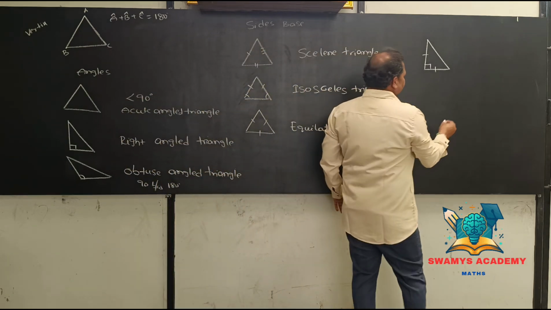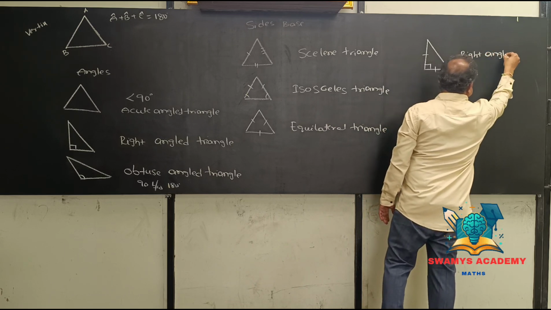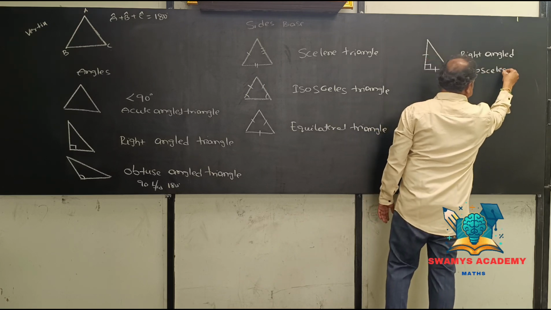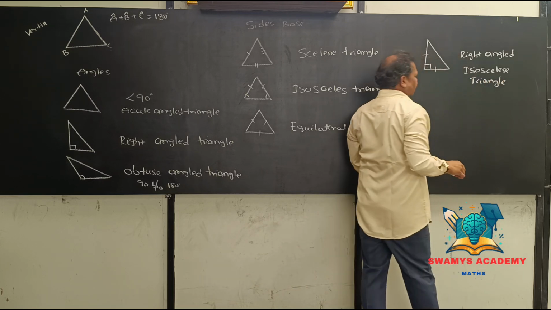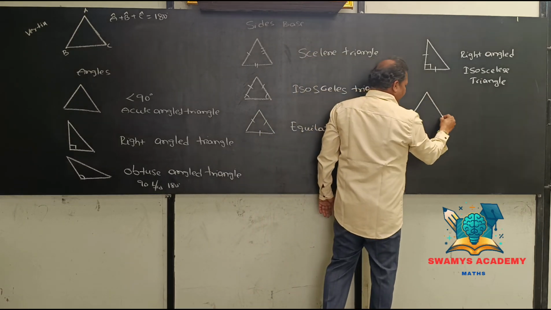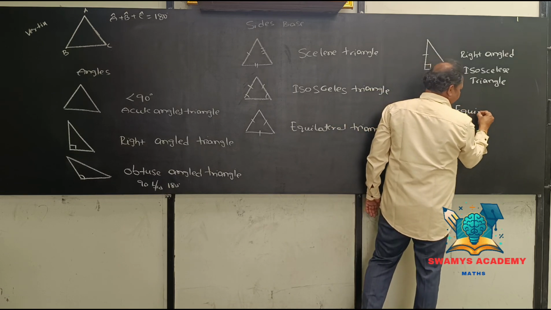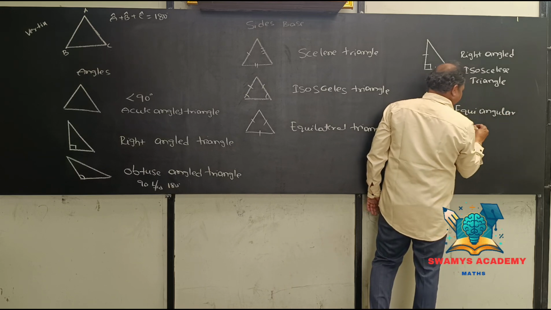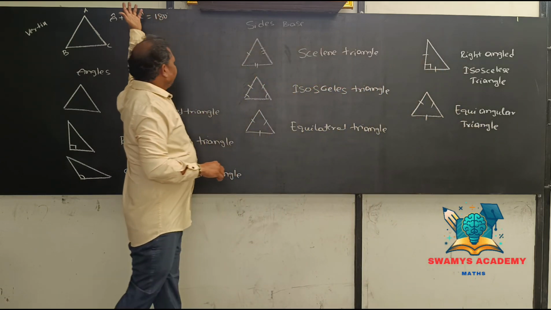If together, that is called a right angle isosceles triangle, or isosceles right angle triangle. Another one is where all angles are equal. That is called an equiangular triangle. Equiangular triangle. These are different types of triangles.